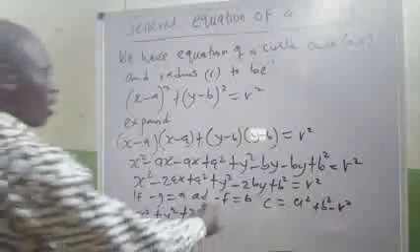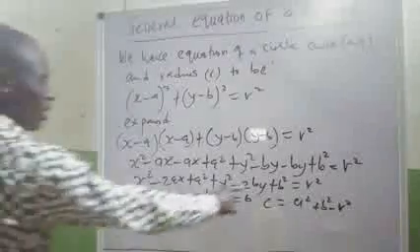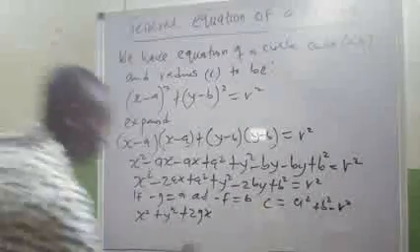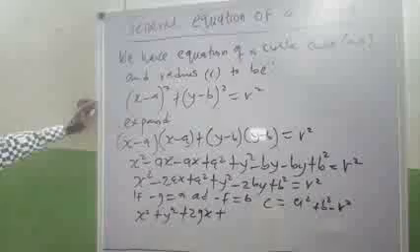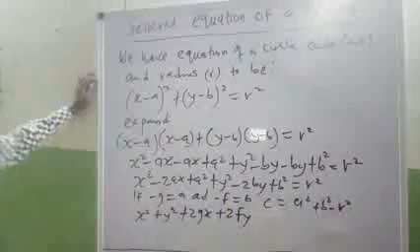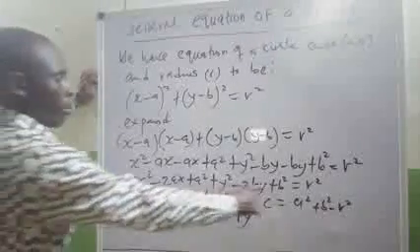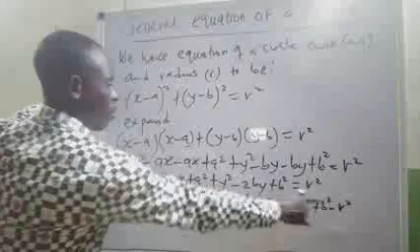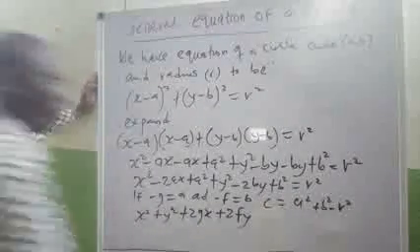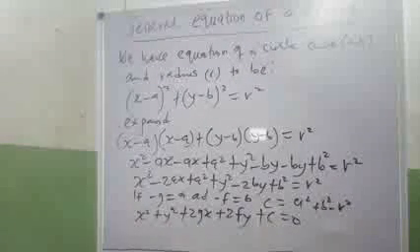The same way where you have b, let it become minus f. Minus times minus is plus, so you have plus 2fy, then plus c, where c is a squared plus b squared minus r squared, is equal to 0. So this is the general equation of a circle.